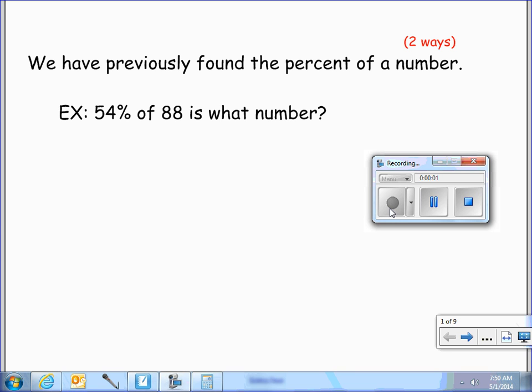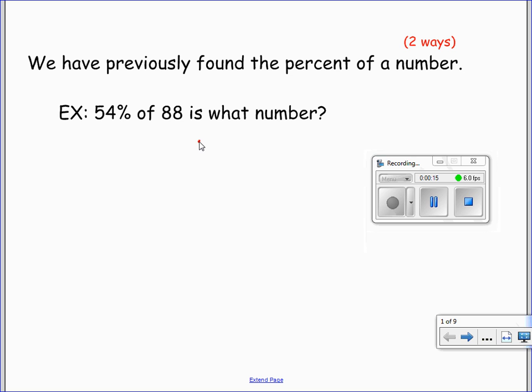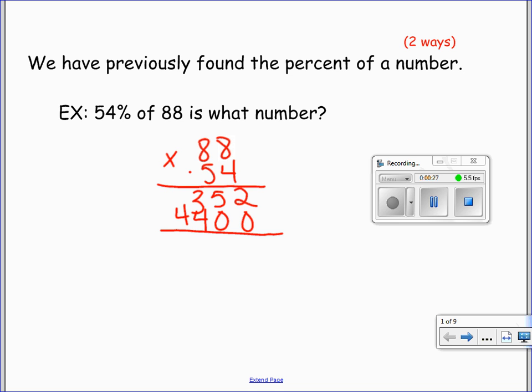We have previously found the percent of a number. For example, when we were to take 54% of 88, we would have gotten 47.52.